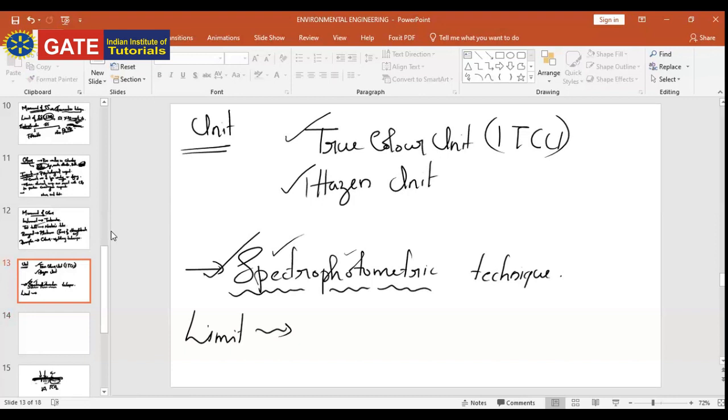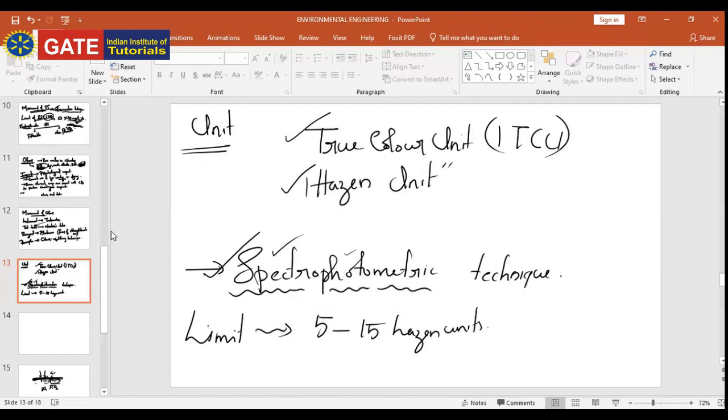So the limit will be 5 to 15 Hazen units. The limit of color in water should be between 5 to 15 Hazen units. One Hazen unit is the same as one TCU, equal only.